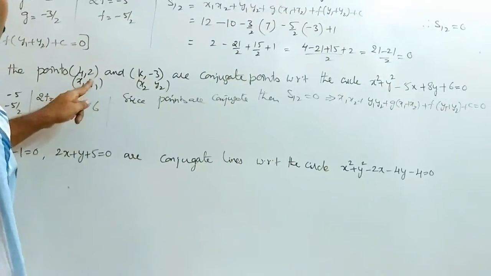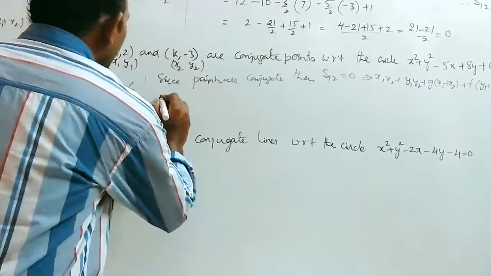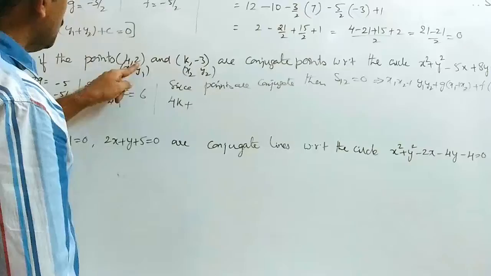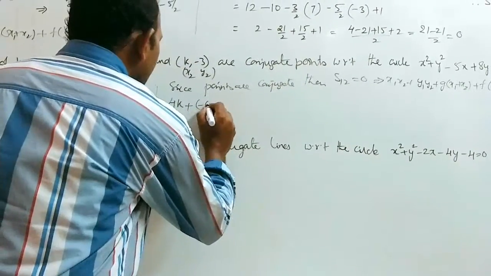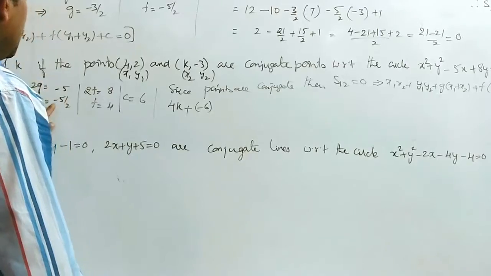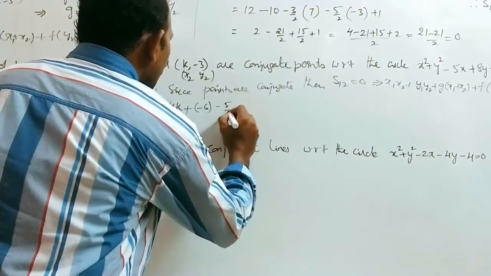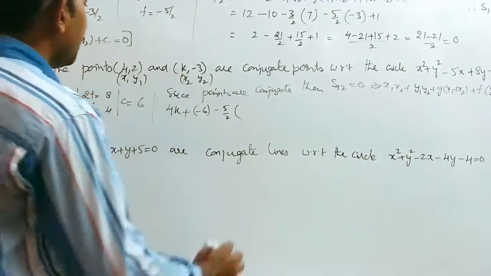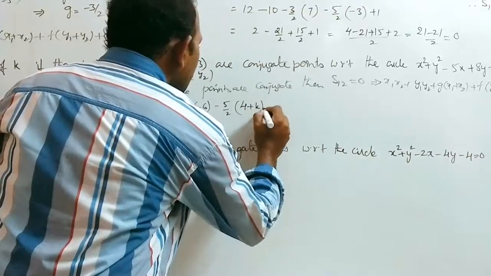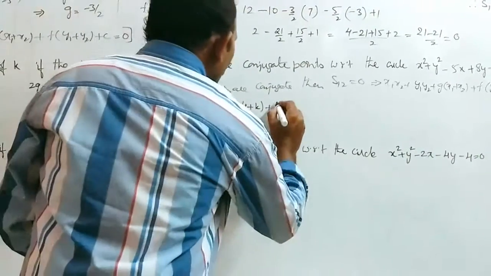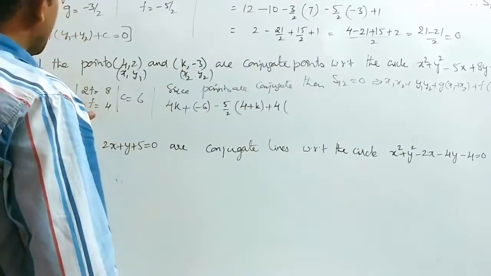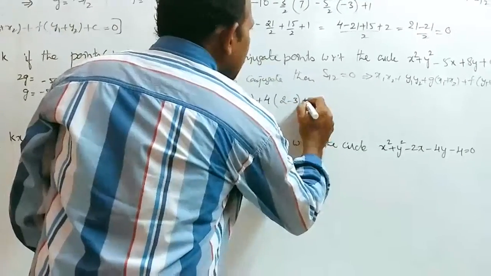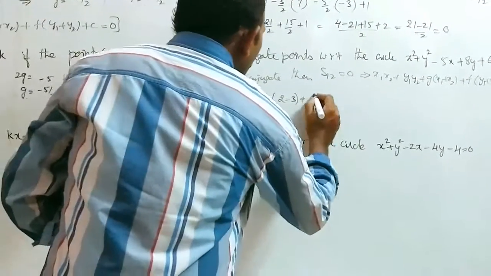Then x1 x2, 4 into k, 4k, plus y1 y2, 2 into minus 3, minus 6, plus g, here minus 5 by 2, therefore minus 5 by 2 into x1 plus x2. Here x1 plus x2 is 4 plus k, 4 plus k, plus f. F here is 4, 4 into y1 plus y2, 2 minus 3, plus c. C is 6, equal to 0.